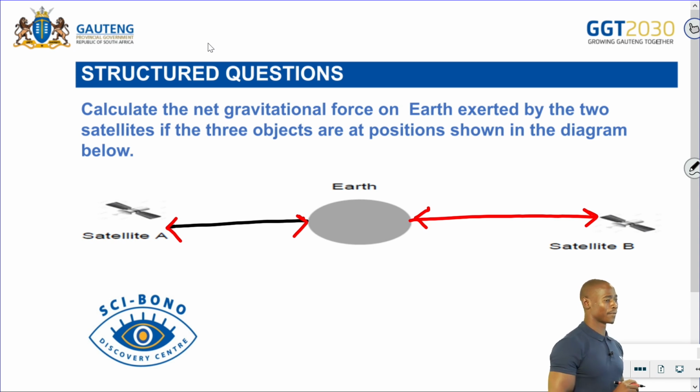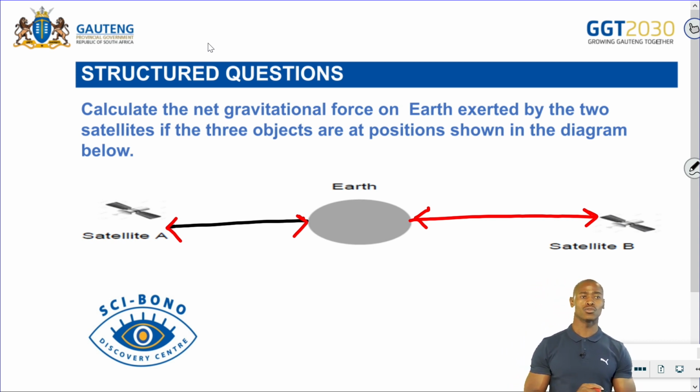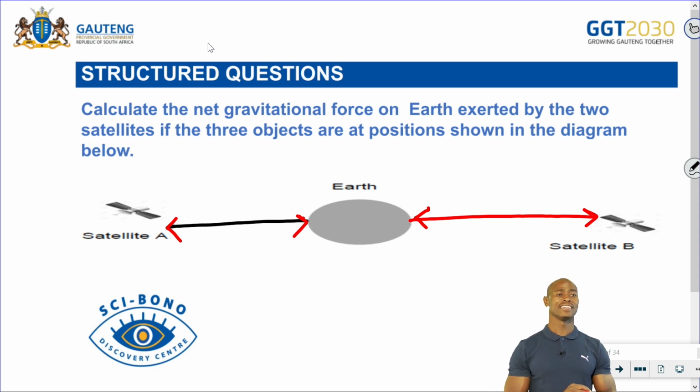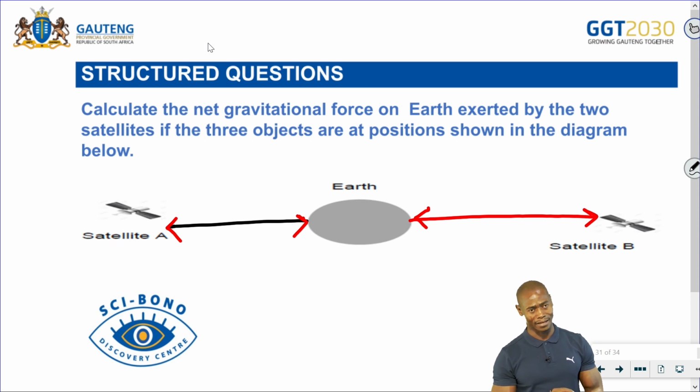So there are 2. What are they looking for here? Calculate the net gravitational force on Earth exerted by the 2 satellites if the 3 objects are at positions shown in the diagram below.